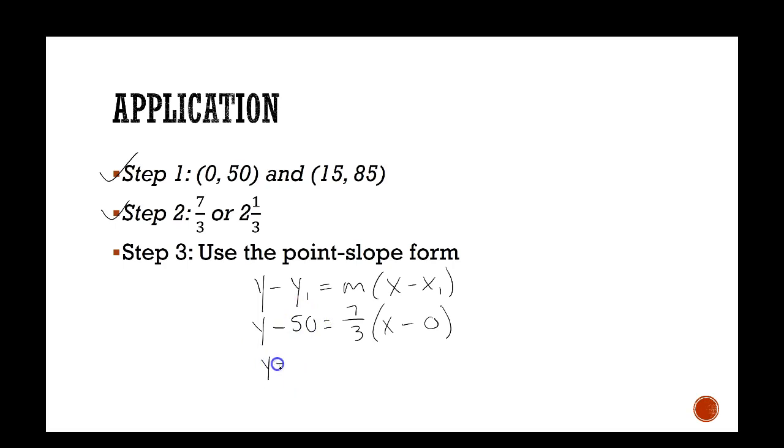That's going to give you y minus 50 equals 7/3 x. 7/3 times 0 is nothing, so I'm just going to leave that. Then I can add this 50 to bring it over here, giving you y equals 7/3 x plus 50, because that was nothing.